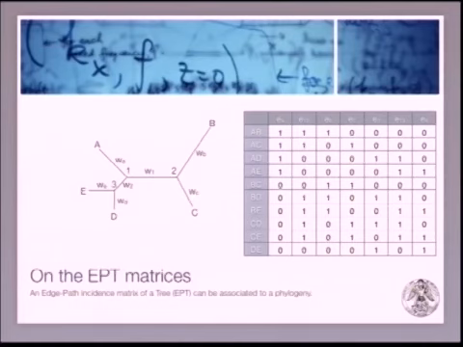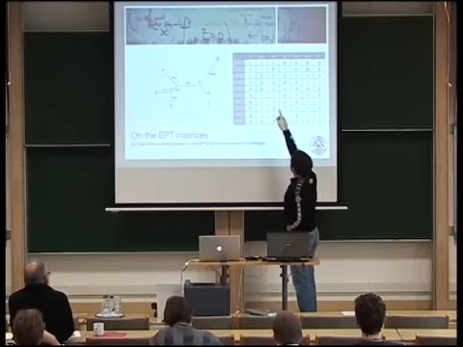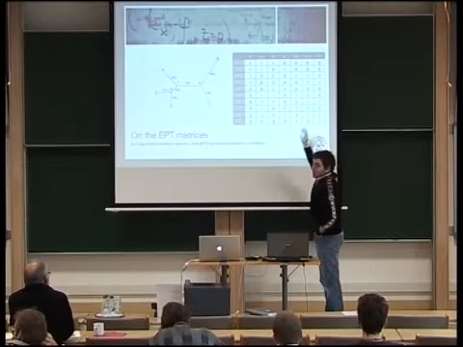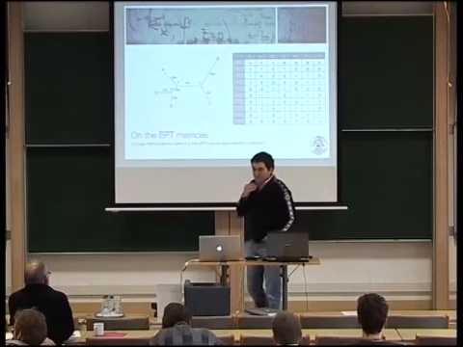So, for example, if I want to go from A to B, I have to cross edge EA, I have to cross edge E12, and I have to cross the edge 2B. So I will have in correspondence of the path AB, 1 in EA, 1 in E12, 1 in 2B, and 0 elsewhere.